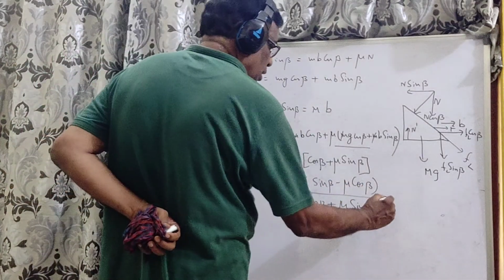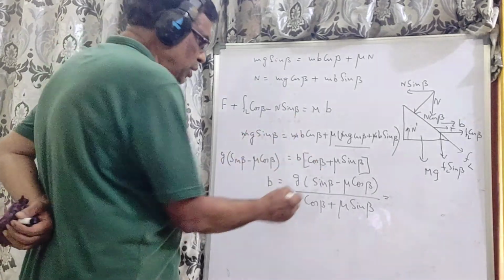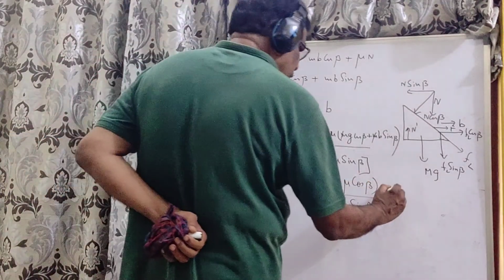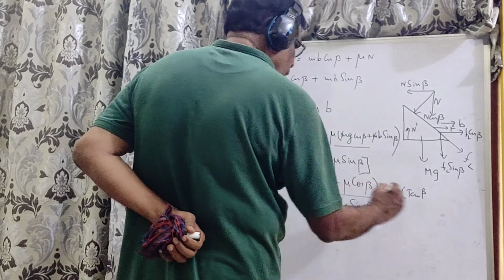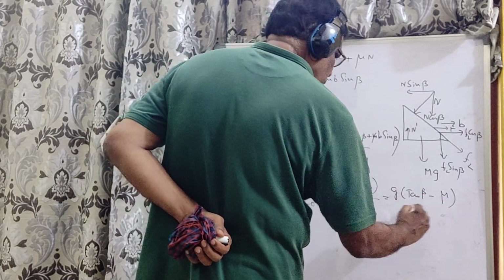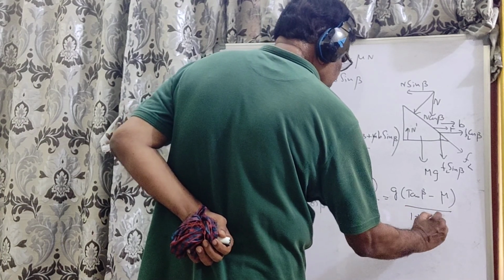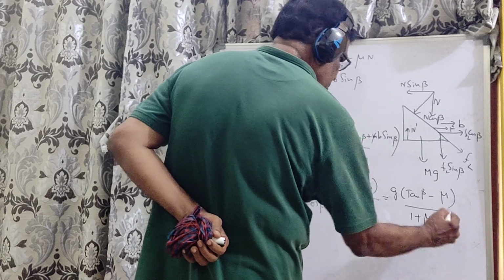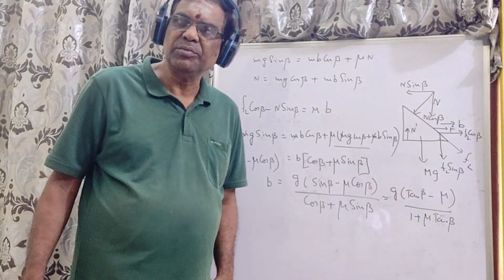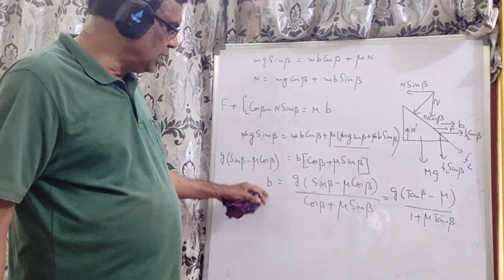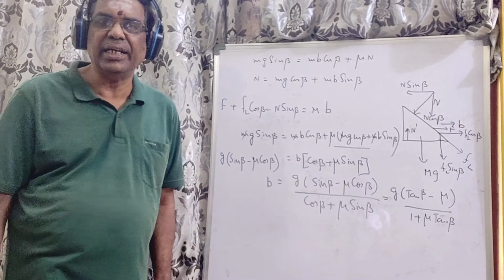Now you can further simplify this dividing with cos beta numerator, denominator, therefore this becomes tan beta. This becomes mu. This is 1 plus. What do you mean by this? If this acceleration is less than this, then the body will slide down.